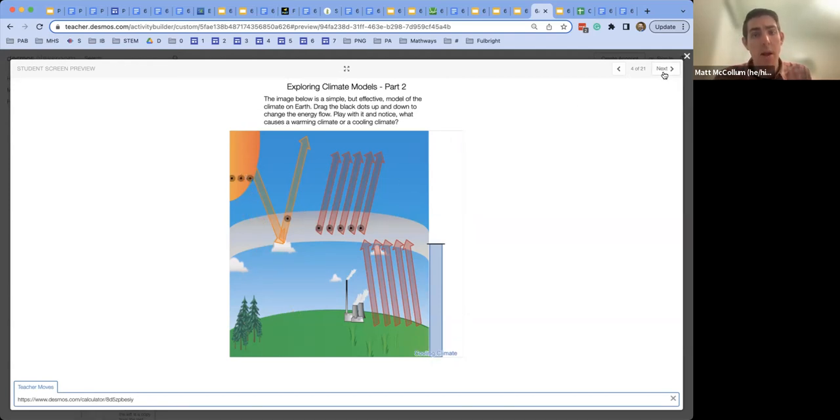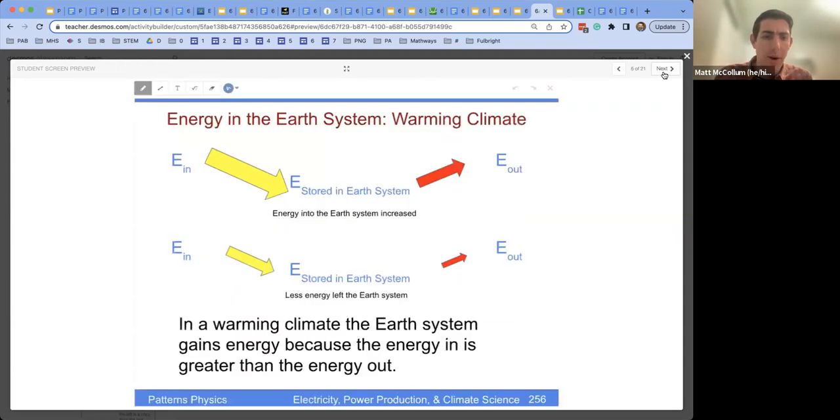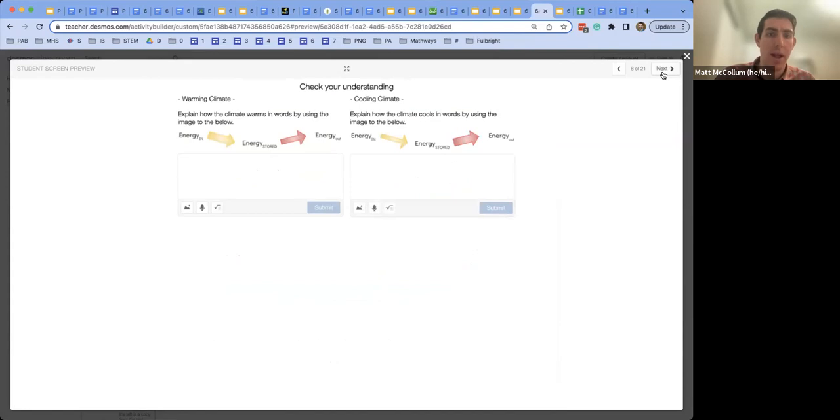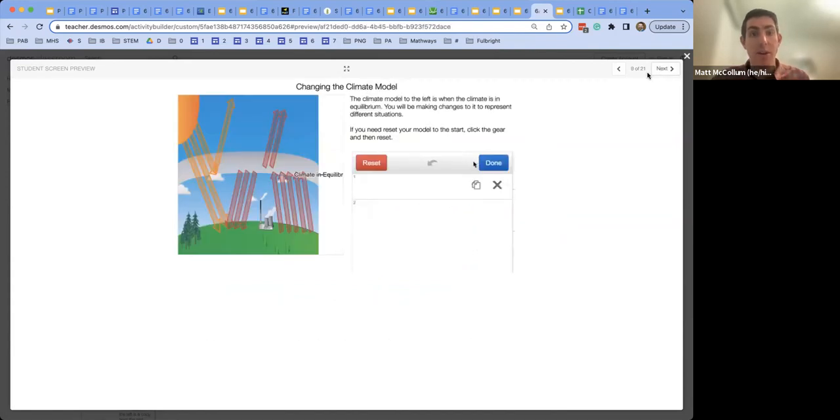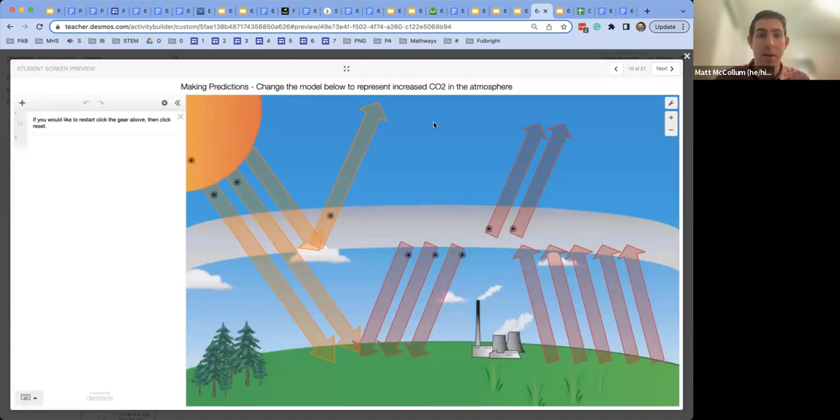From there, students are left to do a couple things. They summarize, and we talk about energy in versus energy out. Using this model, they can quickly start to look at different effects. The first and maybe most important one for them to think about is what do we have to change to represent an increased CO2 in the atmosphere.